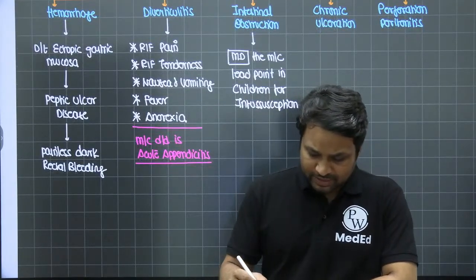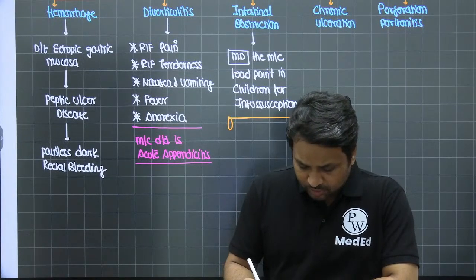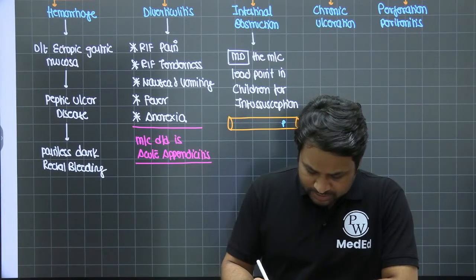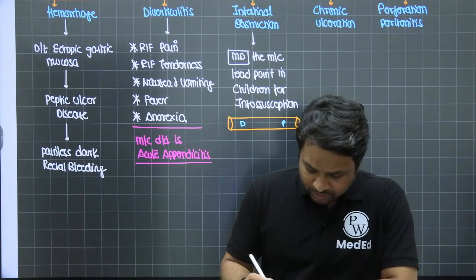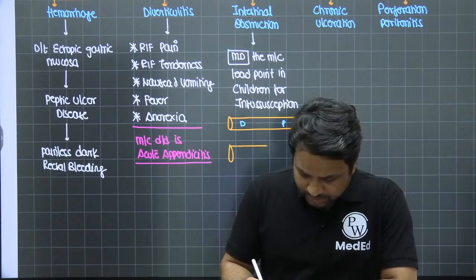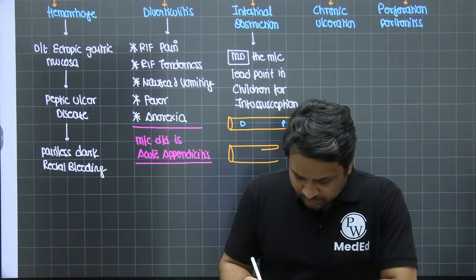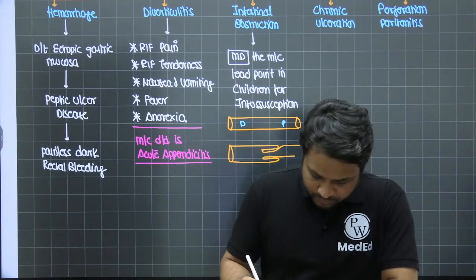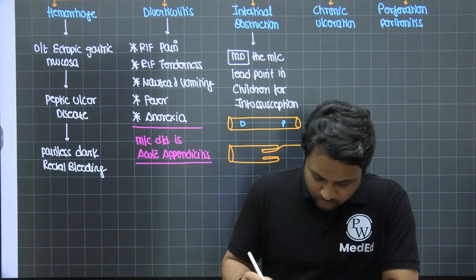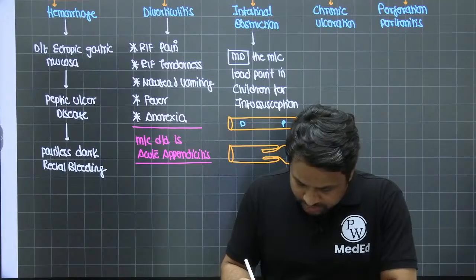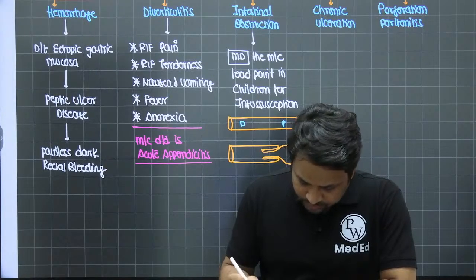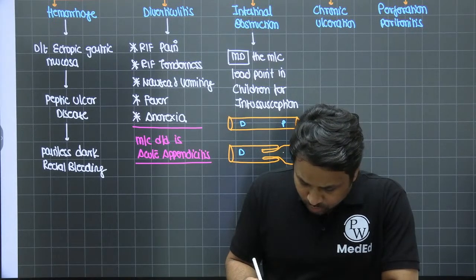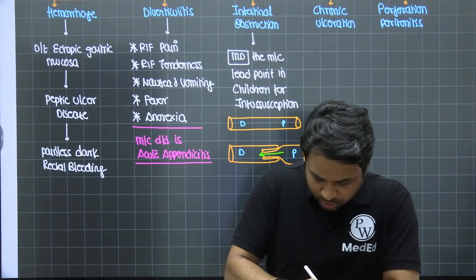So, in general, when I say intussusception, this is how the bowel looks. If I divide it, this is the proximal end, this is the distal end. When the proximal end of the bowel telescopes into the distal end, it is going inside, blocking and clogging it.